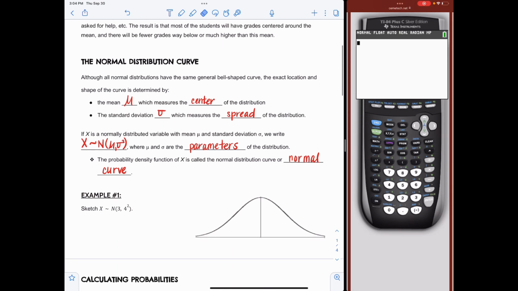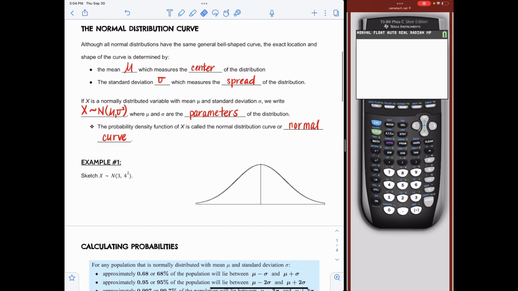So let's look at example 1. We want to sketch that x is normally distributed about the mean of 3 and the standard deviation of 2. So we already know that 3 is my mean or my mu. And we know that 4 is the standard deviation.